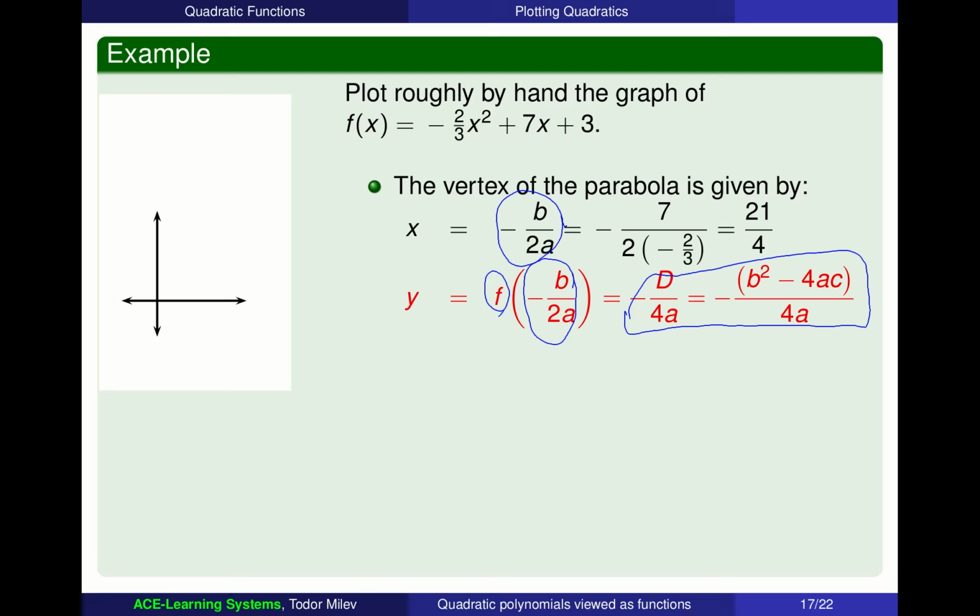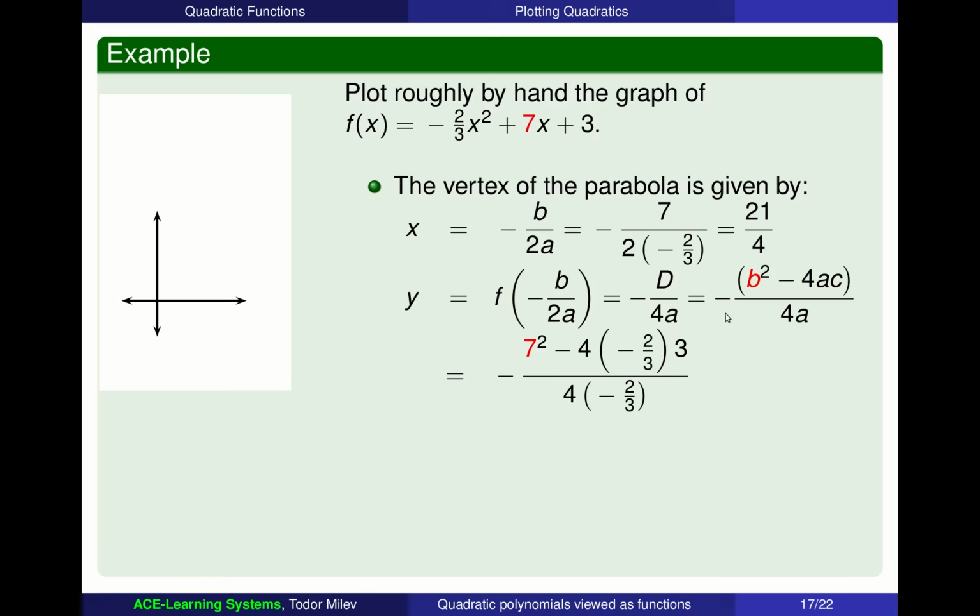So we know that we have a ready-made formula, but please don't memorize this. That's too much to memorize. Just memorize that we are plugging minus b over 2a in place of x, and we just uncover all the parentheses. Okay, so let's do that.